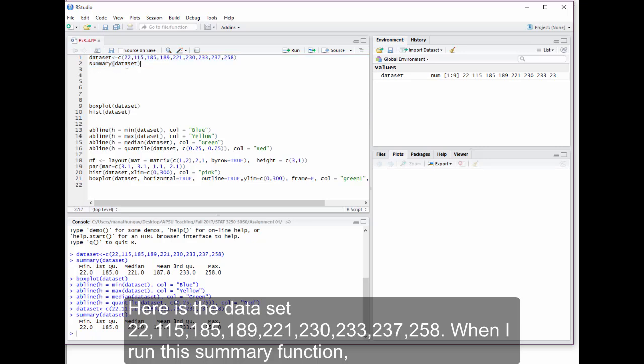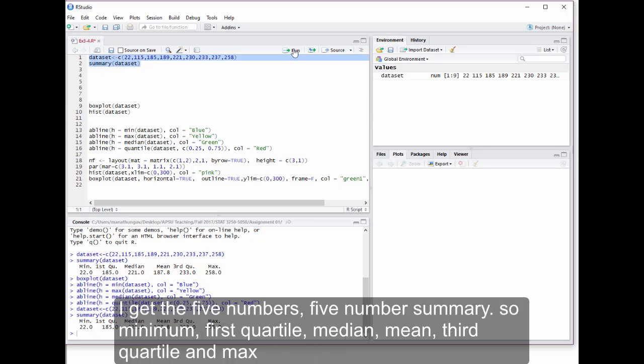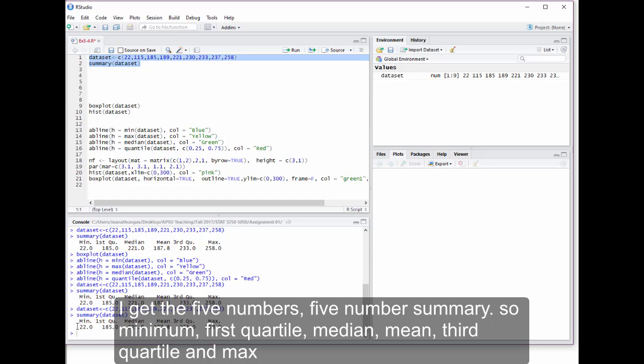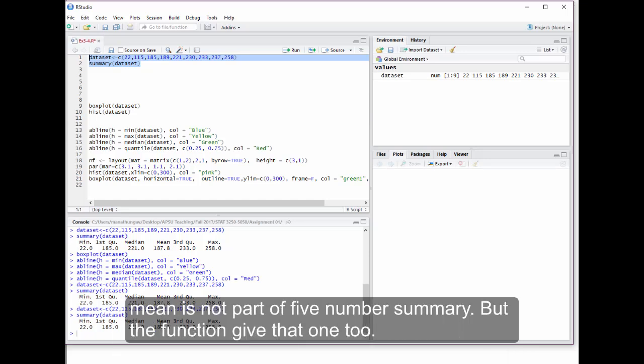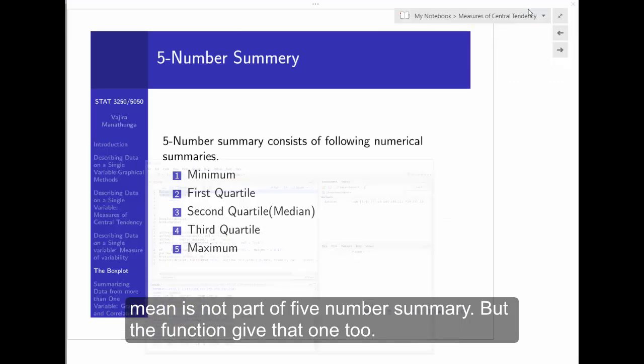And when I run this summary function, I get the 5-number summary: minimum, first quartile, median, mean, third quartile, max. Mean is not part of the 5-number summary, but the function gives that one too. Okay.